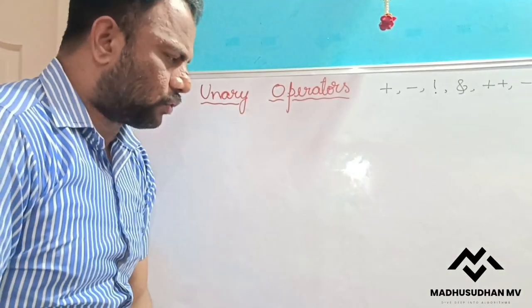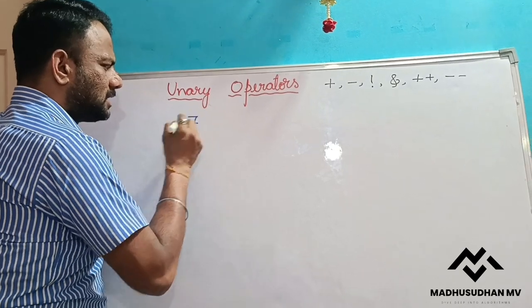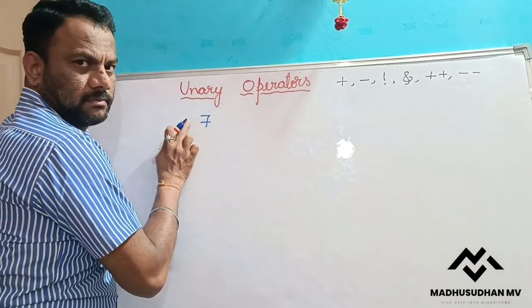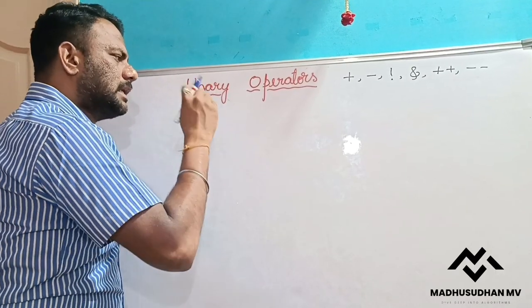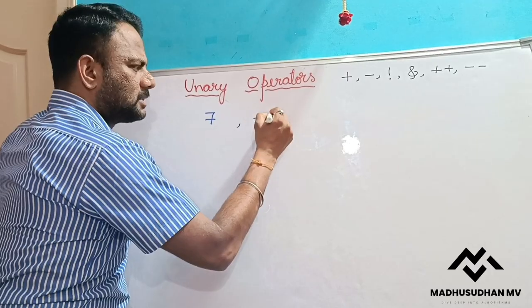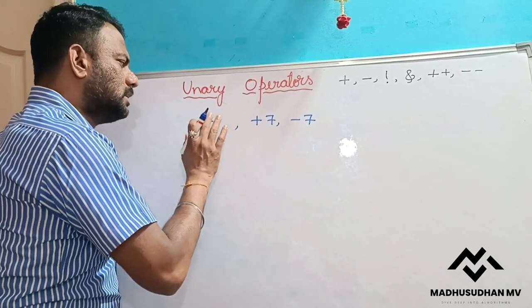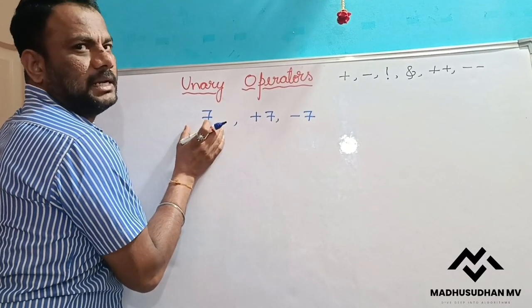Whenever I want to say some value, if I say this is 7, this 7 doesn't have any sign. It indicates plus only, but sometimes intentionally we will say this is plus 7 or this is minus 7. These are the same, but when I use it like this, it is called an unsigned number.